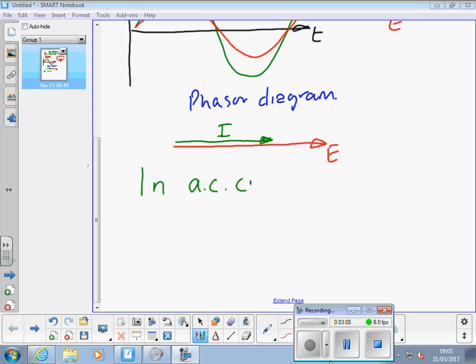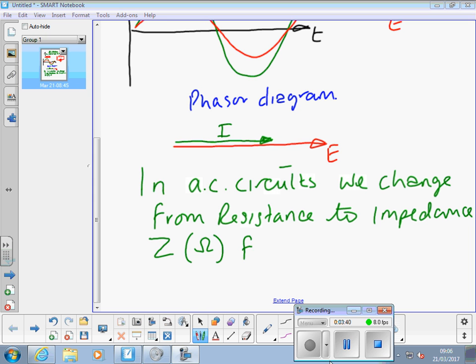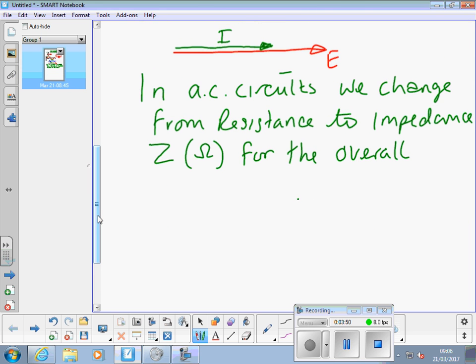In AC circuits, we change from resistance to impedance, Z in ohms, for the overall opposition to current flow.